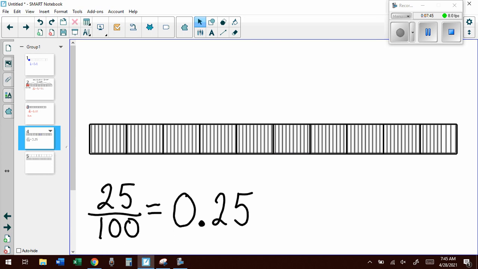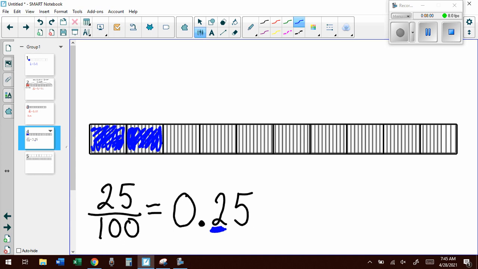And what this tells us is that we have 2 tens, so we can shade in 2 tens, and 5/100ths. So that next 10 needs to be partitioned into tenths.